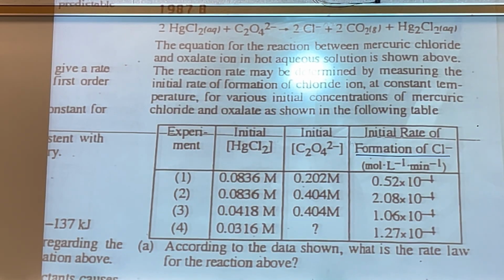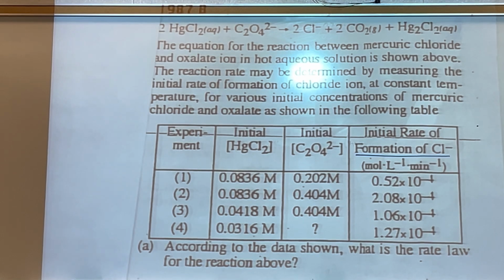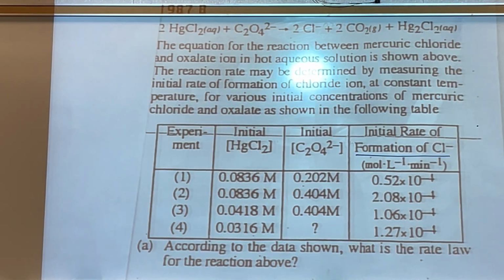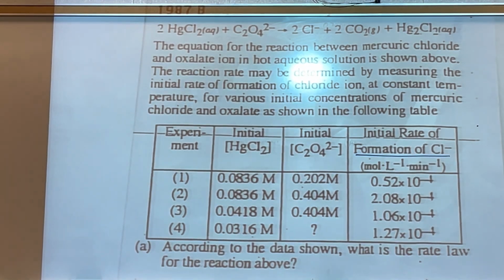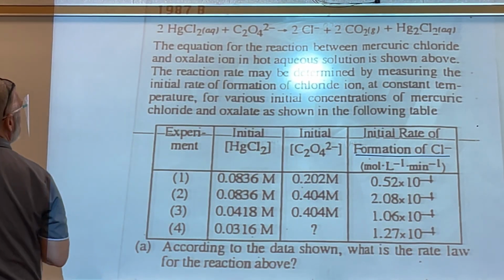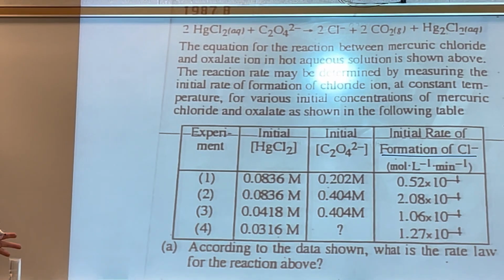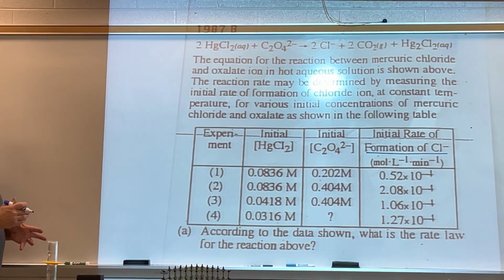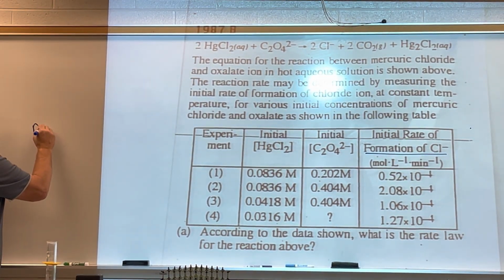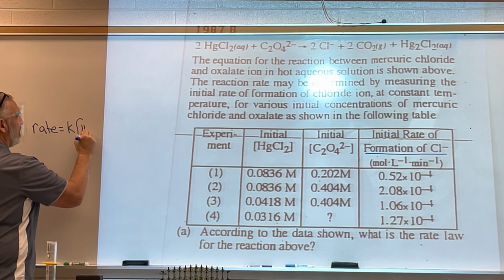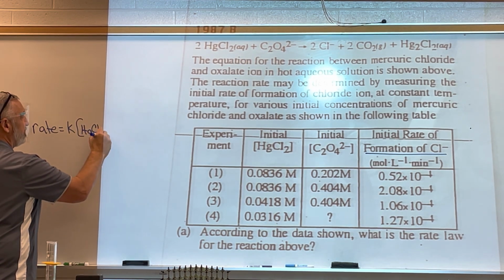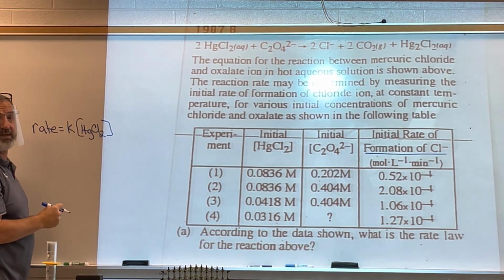Well, the rate law for this reaction, what's it going to be? What's my generic formula going to be? Rate is going to equal k times the concentration of A. Well, HgCl2, that's my A, raised to some power x.